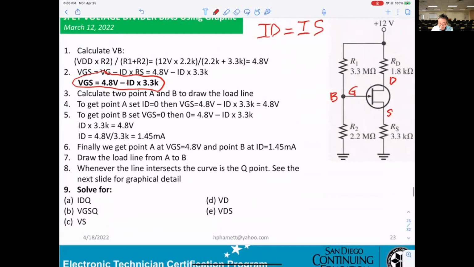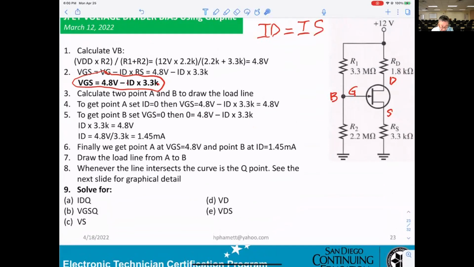And now you need a second point. To get point B in this equation, set VGS equal 0. Then 0 equals 4.8 volt minus ID times 3.3K.